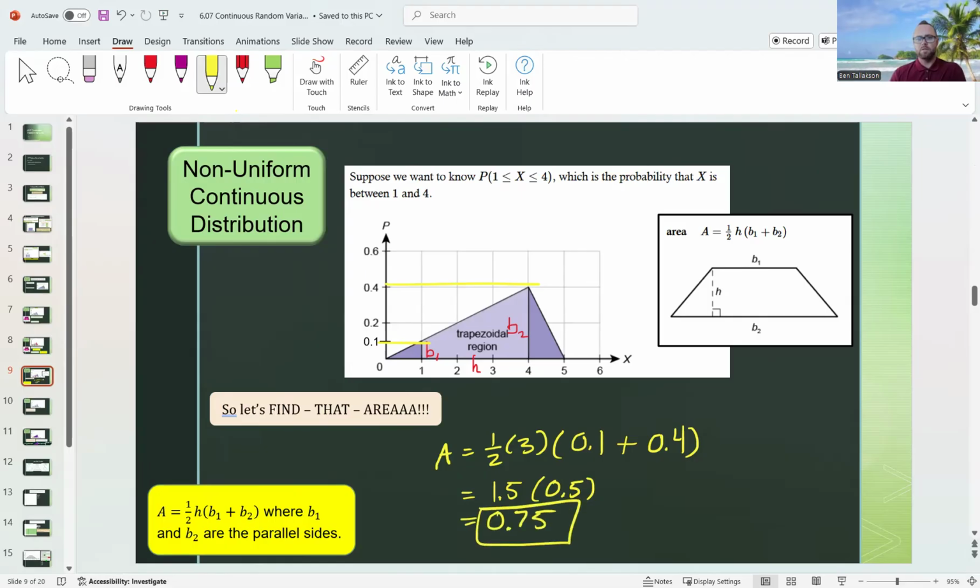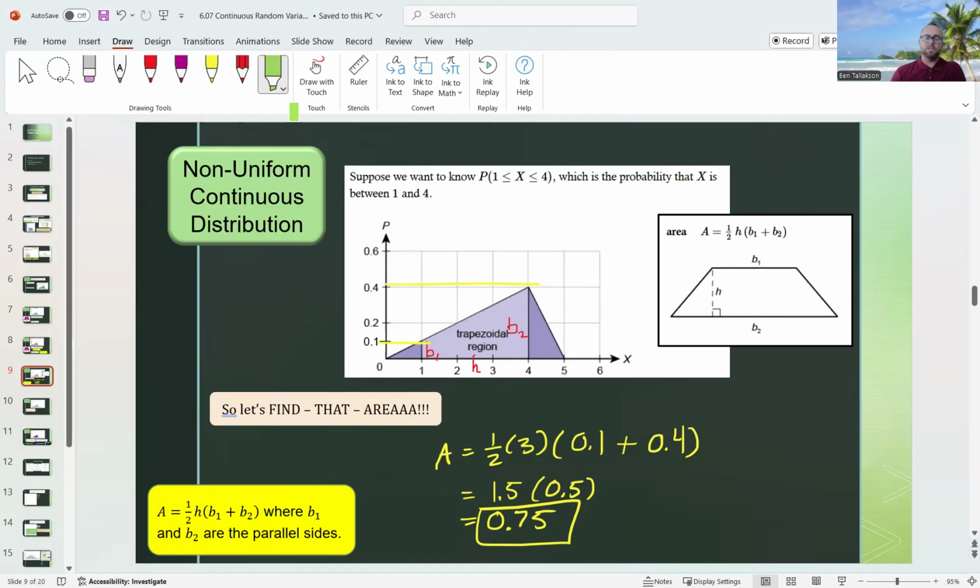0.75. Once again, we can check just visually, does that trapezoid look like 75% of the entire large triangle? I'd say so. What's the area of the entire large triangle? And I'm talking about this entire thing. 1, right?